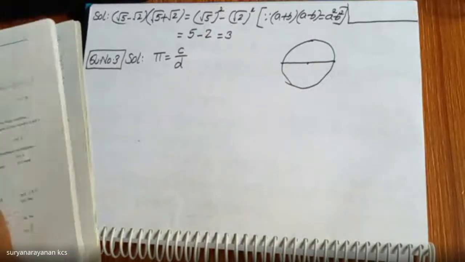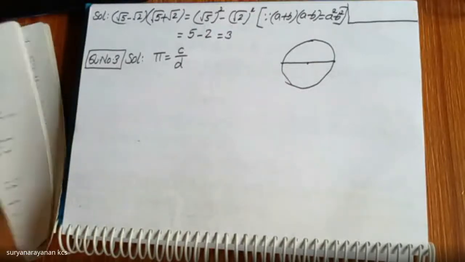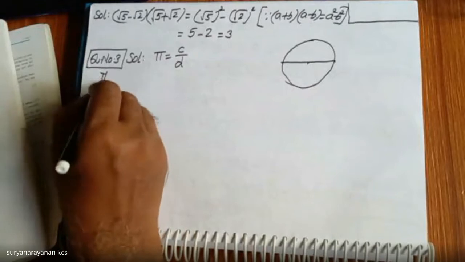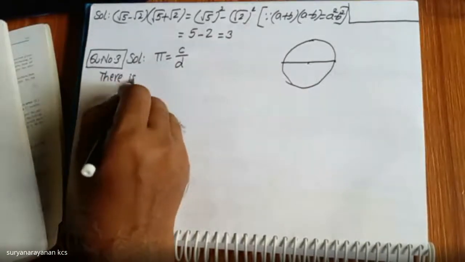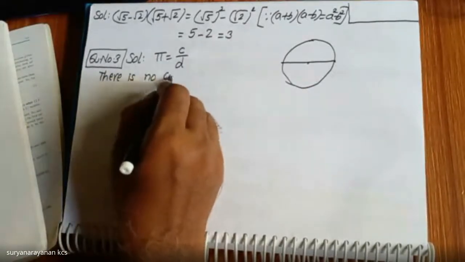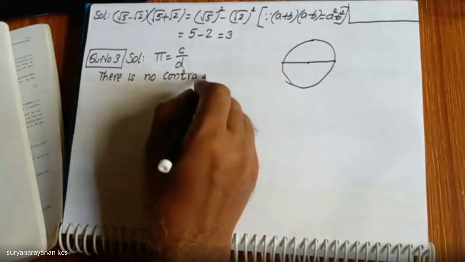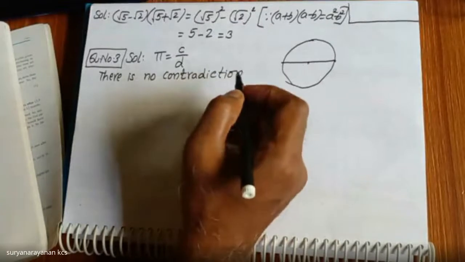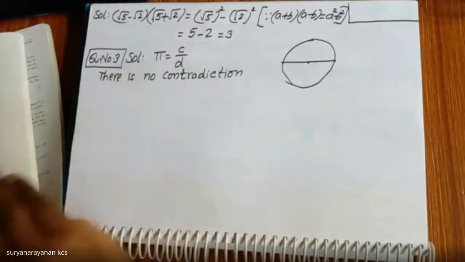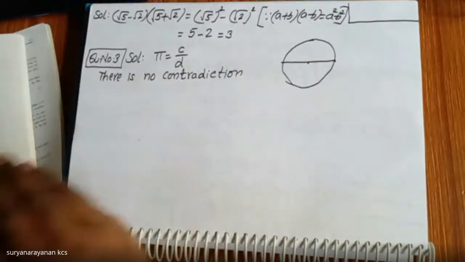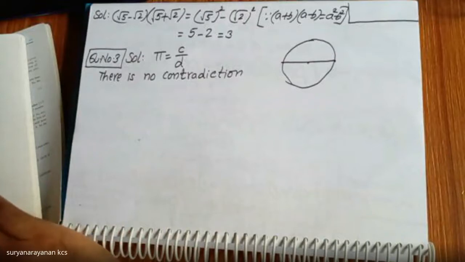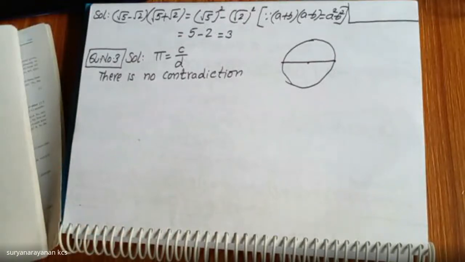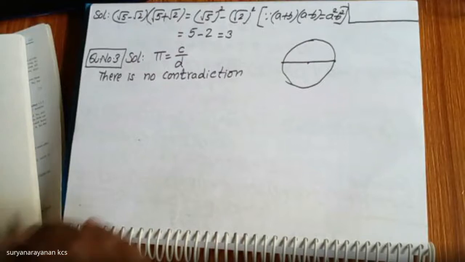Okay, now we write here the conclusion. Whatever we have discussed, there is no contradiction. Contradiction means opposite to the given statement, against the given statement. But here there is no contradiction.